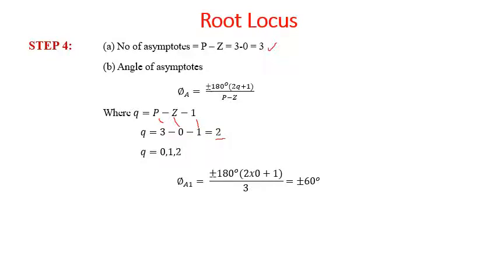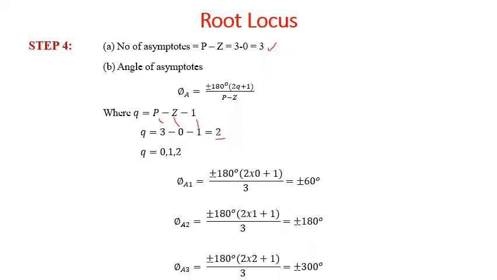Similarly, when q is equal to 1, we get plus 180 degrees. Then when q equal to 2, we get phi a3 equal to plus 300 degrees. So using these asymptote angles, that is plus 60 degrees, plus 180 degrees and plus 300 degrees, we next have to find out the centroid.